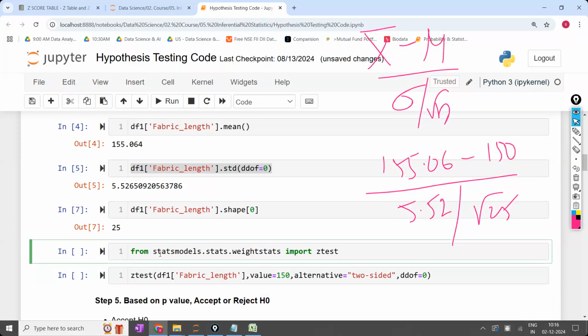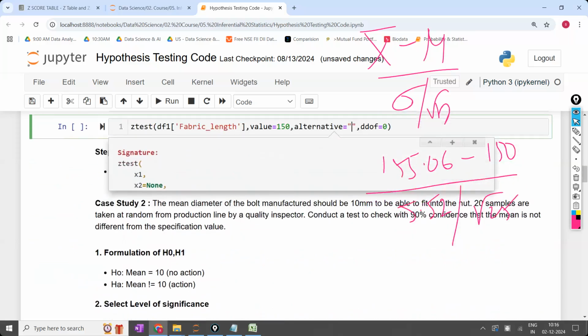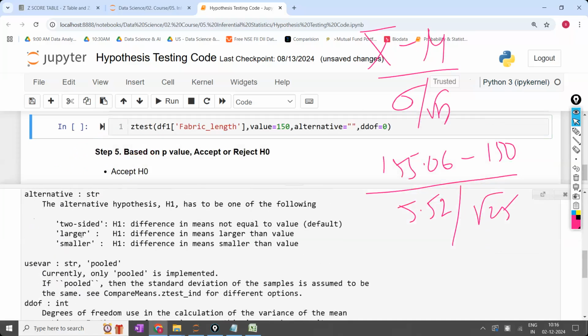Now see here, in Python from stats.stats I'm going to import the z test. Within the z test, I give the data, the mu value, and alternative is equal to left tail or right tail, based on the test. Three options are there: left tail, right tail, two tail.